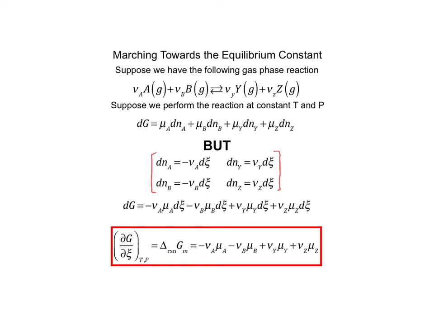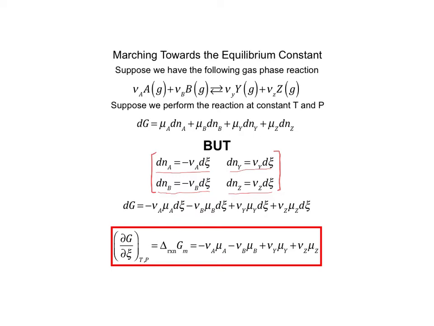This is really just saying that as the reaction proceeds, A and B decrease, and Y and Z are products, and so the number of moles increase.